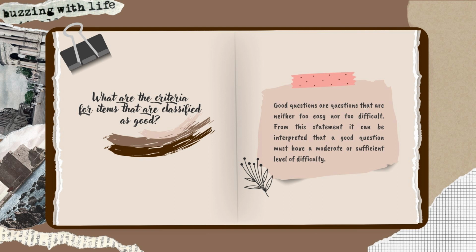Good questions are questions that are neither too easy nor too difficult. From this statement, it can be interpreted that a good question must have a moderate or sufficient level of difficulty.